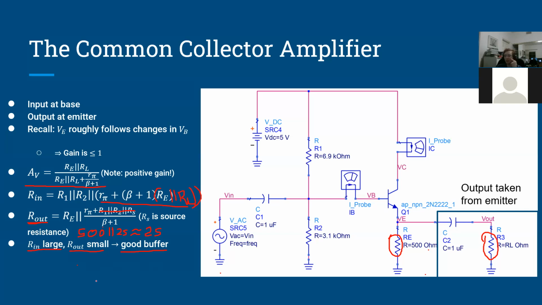Well, it's pretty simple. We just stick a common collector amplifier after a common emitter amplifier. If I draw that out here, simply a simple common emitter amplifier, where this is RC. And we have the biasing resistors and our input source here.